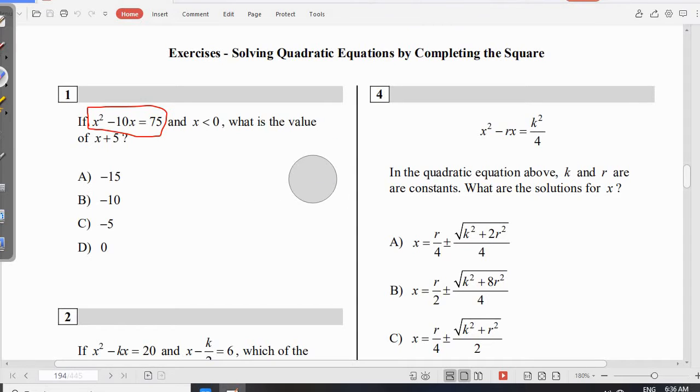Then the third step is to add half the coefficient of x, squared, to both sides of the equation.